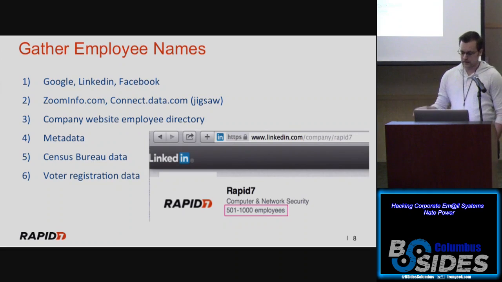I find employee names within metadata in Office documents published on the internet. And then some maybe unlikely data sources that people don't think about is I'm getting data from the government, where we've requested Census Bureau data, and we have the most common first names and last names in America, and we are using voter registration data, and there's a lot of states in our country that actually provide this information for free.